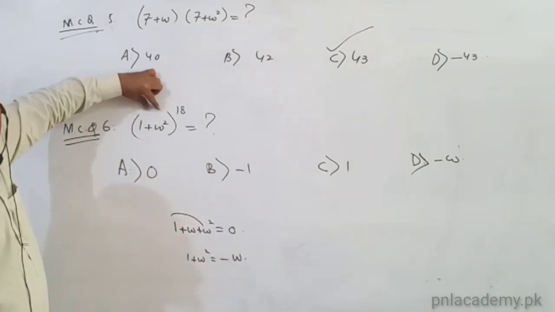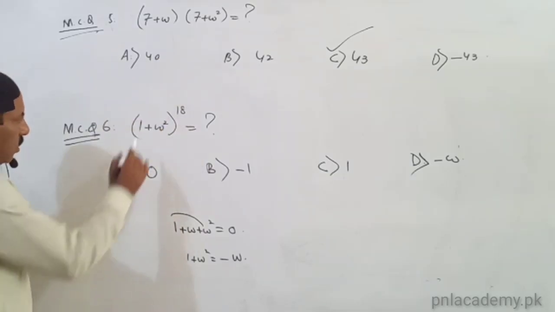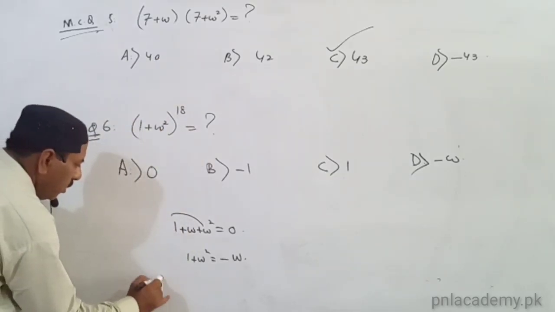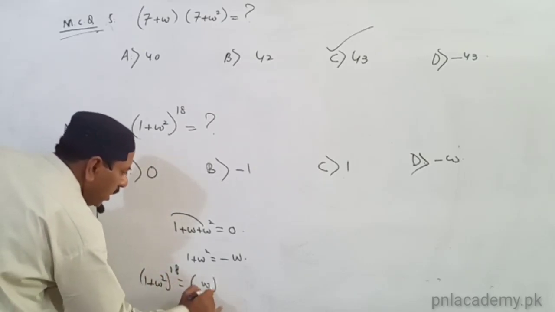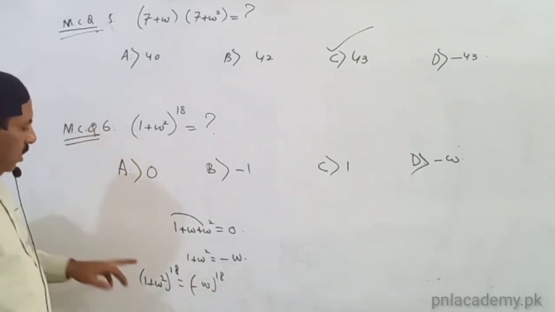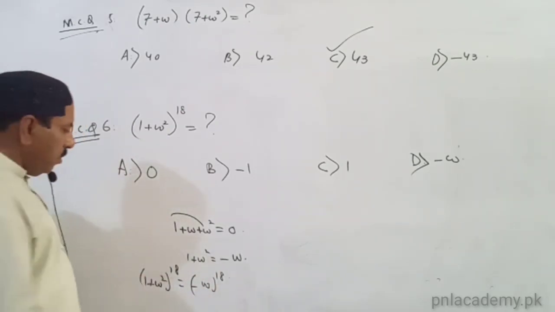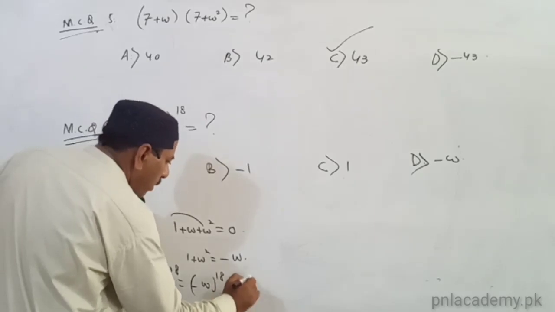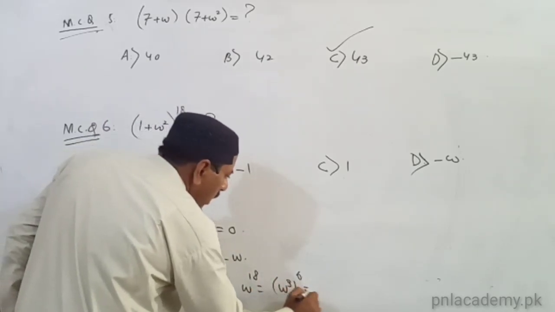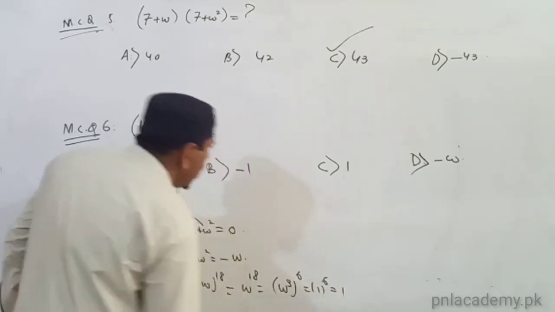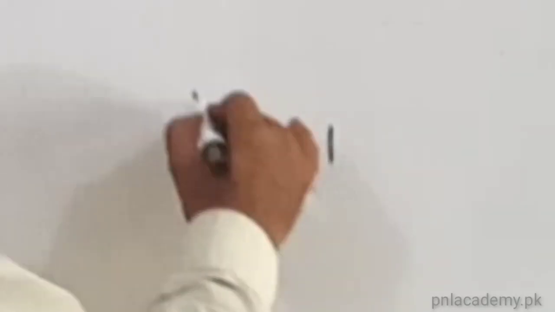Instead of 1 plus omega square, we substitute the value of minus omega. So 1 plus omega square power 18 is equal to minus omega power 18. Now minus omega having even power will be converted into plus omega. This will be omega power 18, or omega cube power 6, or 1 power 6, which is equal to 1. So 1 plus omega square power 18 is equal to 1. This is the correct answer.